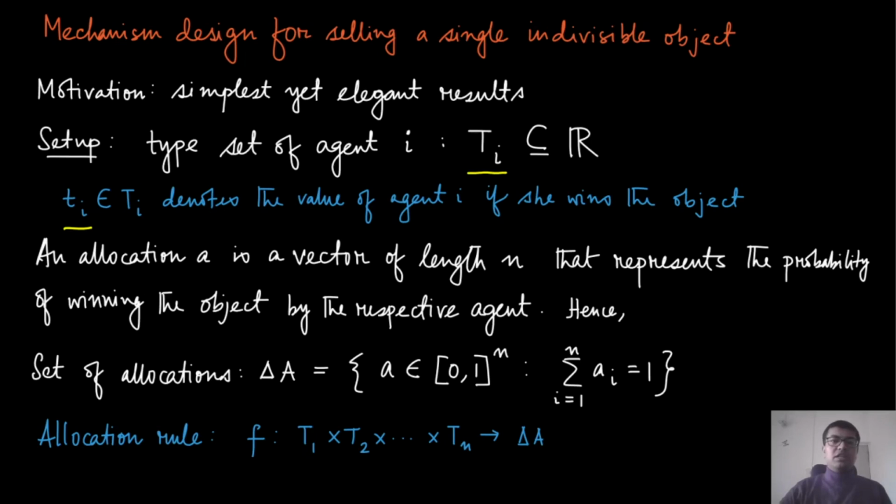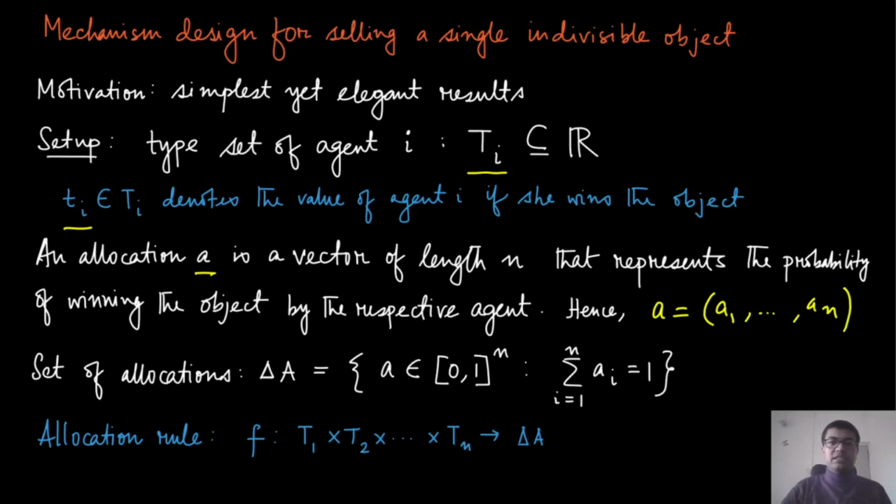Now in this context, the allocation, let's say A, is a vector of length n, which represents, and here is a slight departure, because we are now considering the probabilistic allocation of this object as well. The ith entry represents the probability of winning the object for that player i. So you can imagine that A can be written as A1 to An.